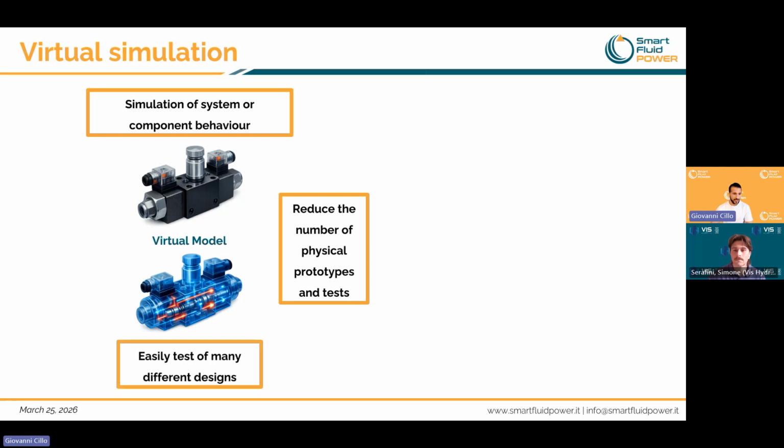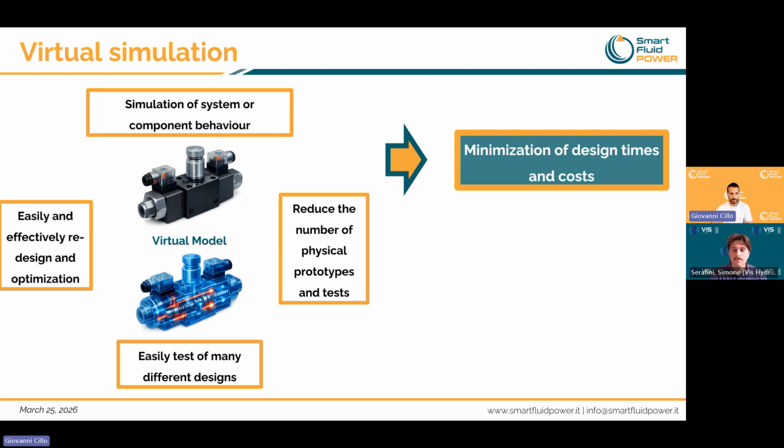In addition to reducing the physical prototypes, it allows testing many designs directly on computer without building anything physically. This is useful both in the prototyping phase and in the design activities. It also enables fast optimization of an already developed design, reducing time and costs and improving time to market.